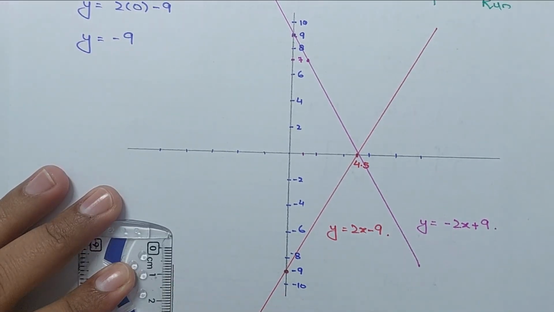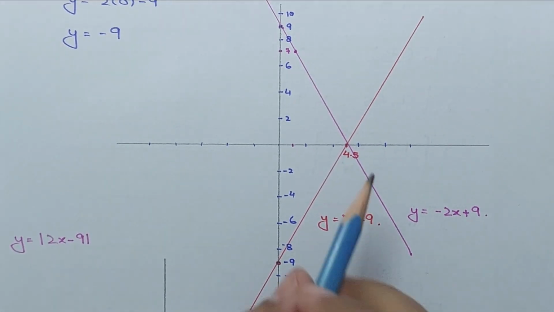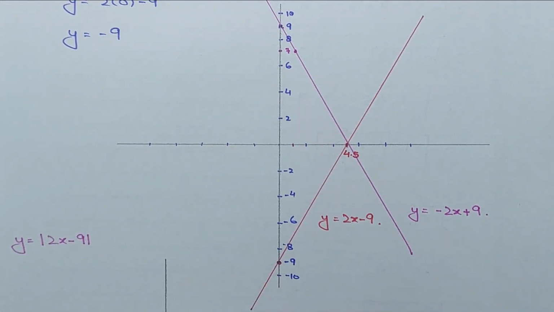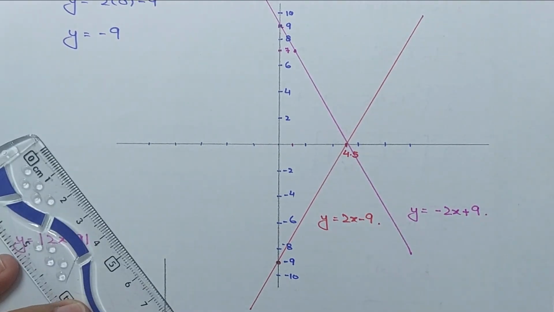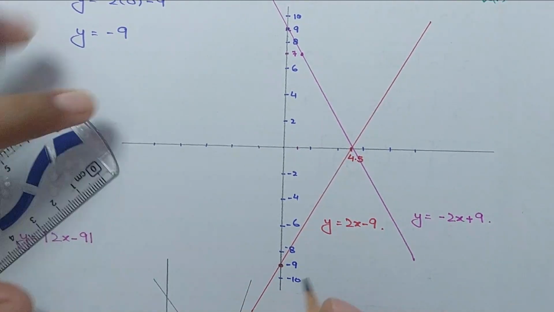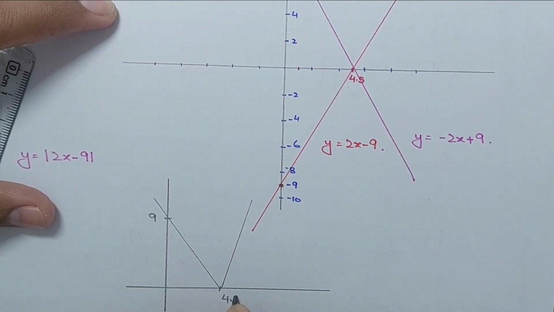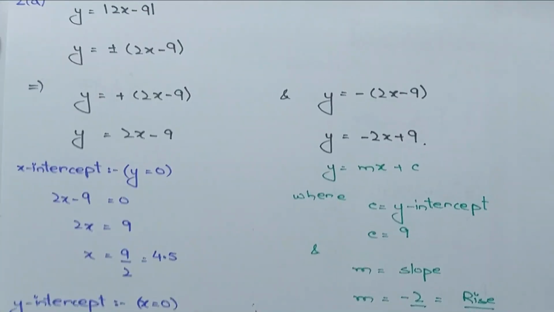Let me sketch this separately. This point is 4.5 and this point is 9. Just a rough sketch. This is the V-shaped graph. So we have done with the first one.